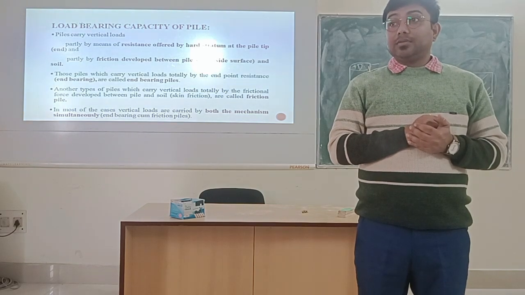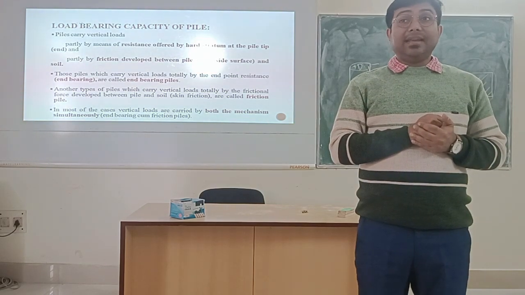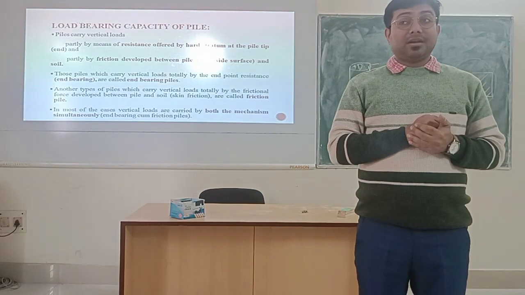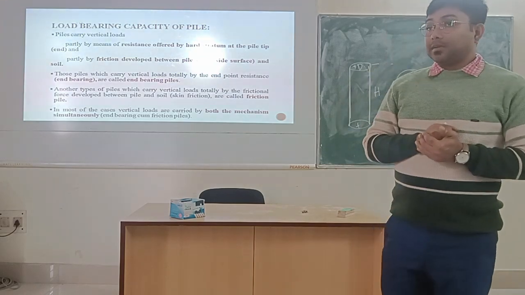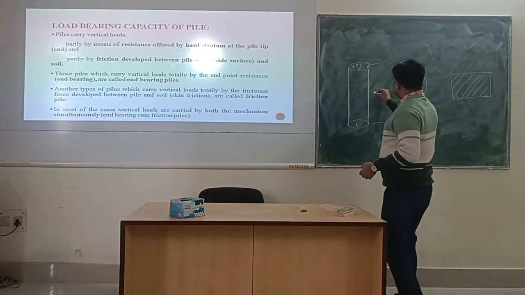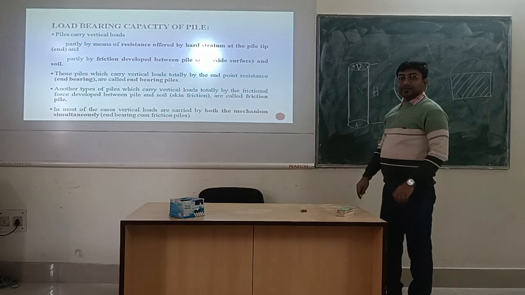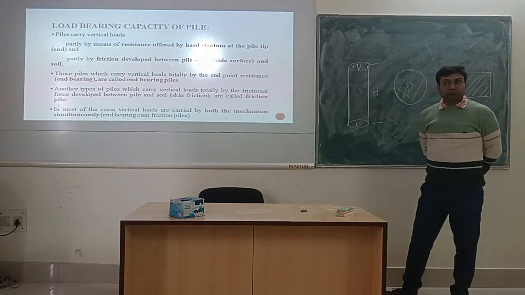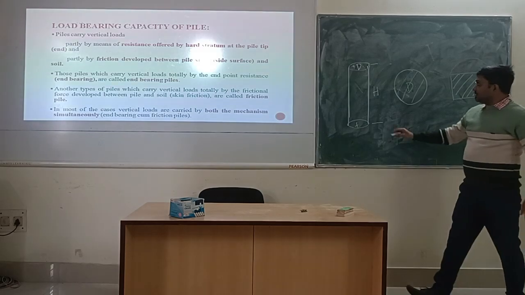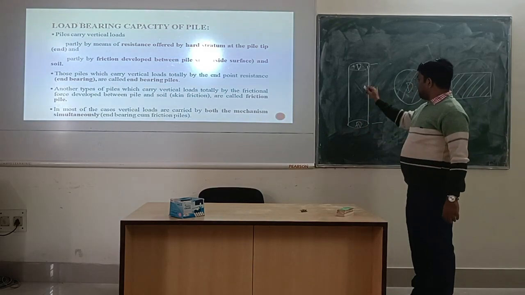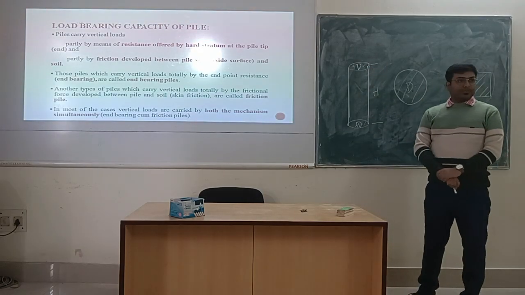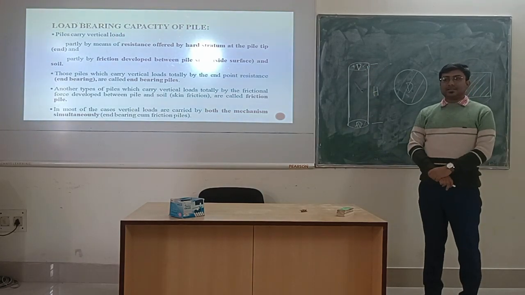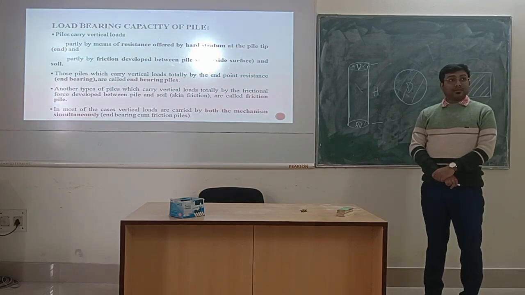Anyone? What is the area of that curved surface? How can you calculate? If the height is H and diameter is D, then this is D, this is the same. We are considering the same diameter at the top and at the bottom. What is the shape of this?